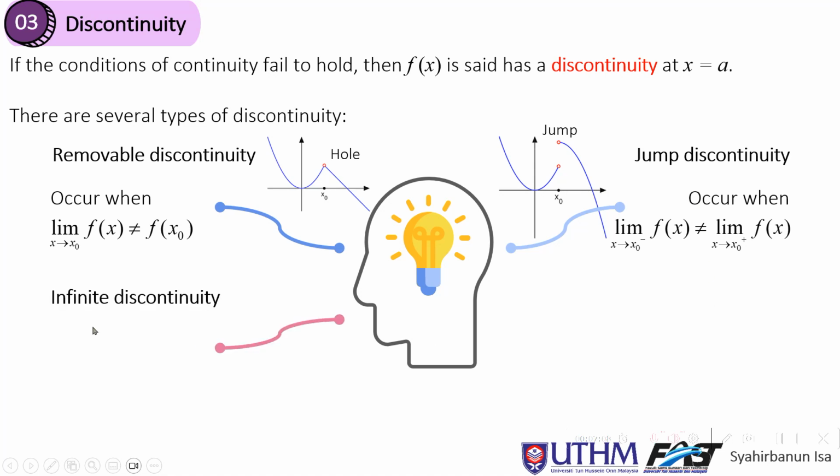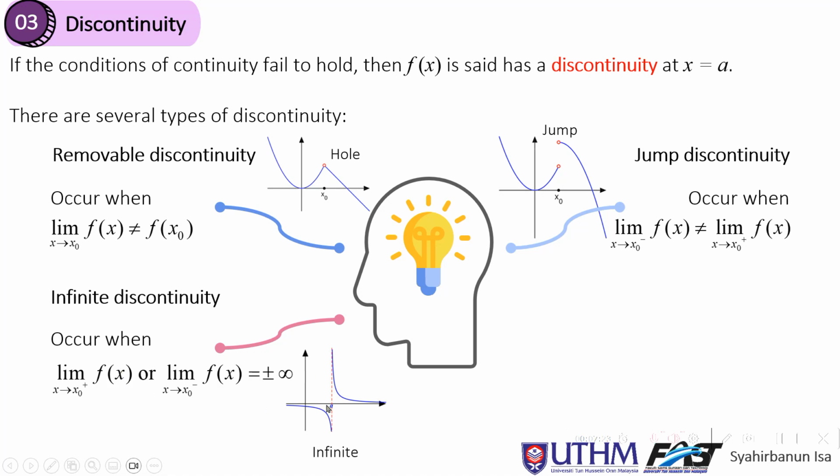The third type of discontinuity is infinite discontinuity. Let's say we have this graph as an example, at x equal a. This type of discontinuity occurs when the limit as x approaches x naught from the right or left hand side approaches positive or negative infinity.